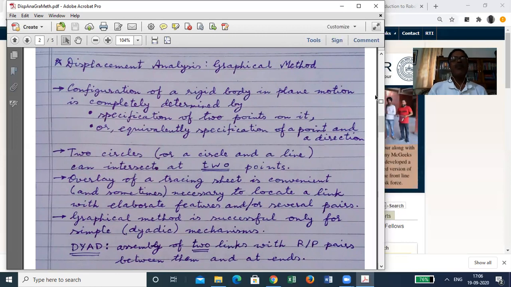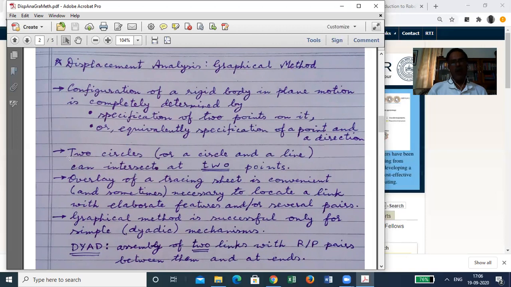Okay. So that means that while drawing the configuration of a mechanism, the moment you have determined this much or this little, you can copy the entire rigid body there according to the position of those 2 points or that point and that direction.